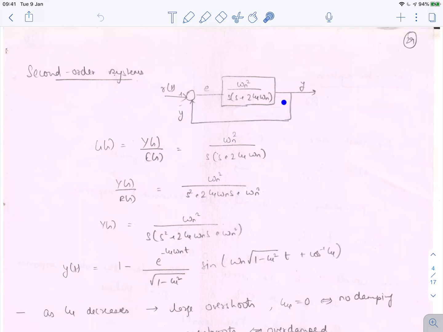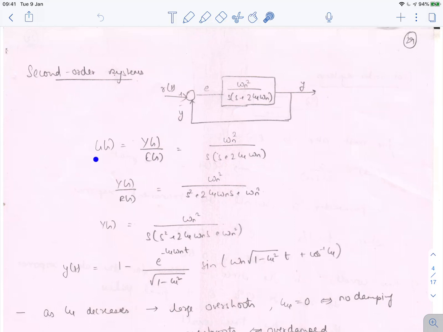We will see this while solving some numerical problems, and in some tutorial problems the coefficients of the numerator might not be the same as the denominator coefficients. You can reparameterize it. This is just for the simple representation.